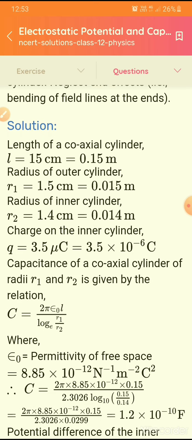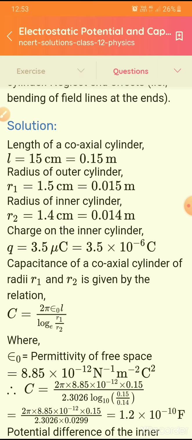Then the charge Q is equal to 3.5 microcoulombs, which is 3.5 into 10 to the power of minus 6 coulombs. To convert microcoulombs into coulombs, we multiply by 10 to the power of minus 6.